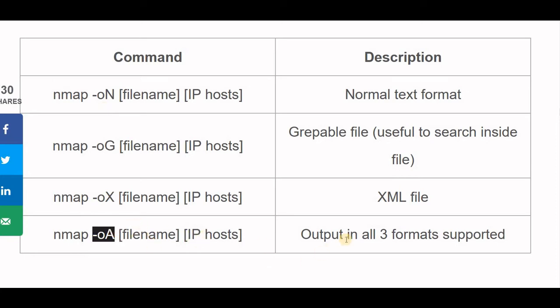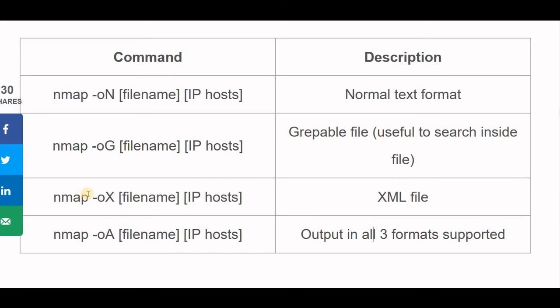Which means it will save in all three formats, like text, grepable file, and XML. We are using this because if you use -oN, it will save only as text format. I just want to use this one, so this is very handy.